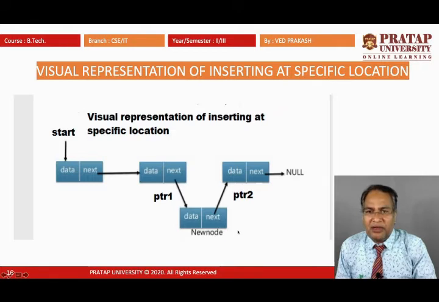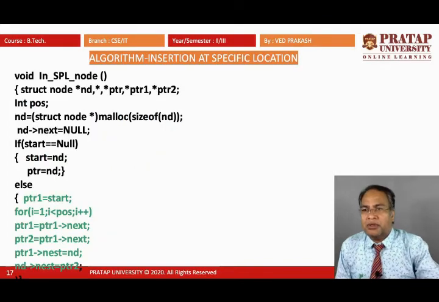So we write the algorithm for inserting a new node at a specific location. First we use four types of pointers. ND denotes the new node.